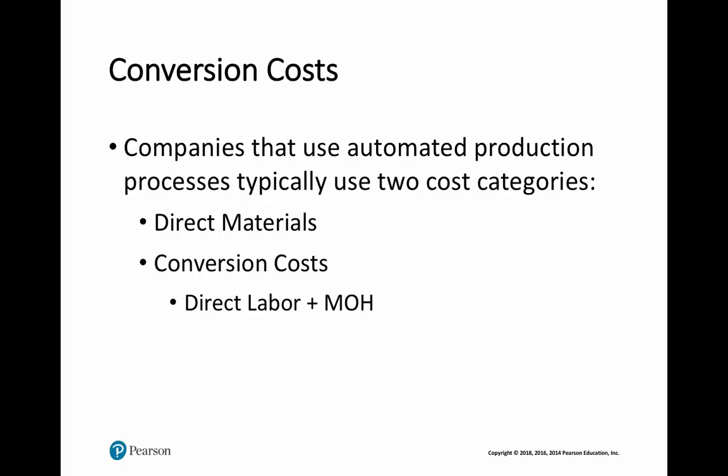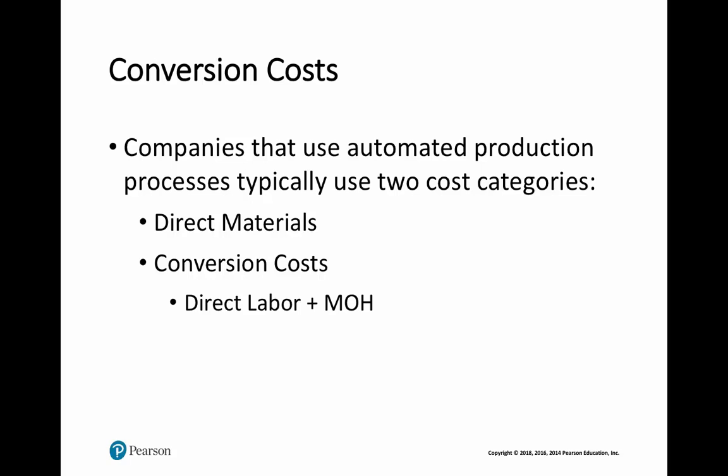If you think about the type of company that's going to use process costing, highly automated production, big machines doing the manufacturing, and we might have an operator feeding the products into the machines. So for the most part, a manufacturing company that uses process costing, rather than separately stating direct labor and manufacturing overhead, is going to include just the conversion cost, because it's not worth the time to break out the direct labor from the manufacturing overhead.